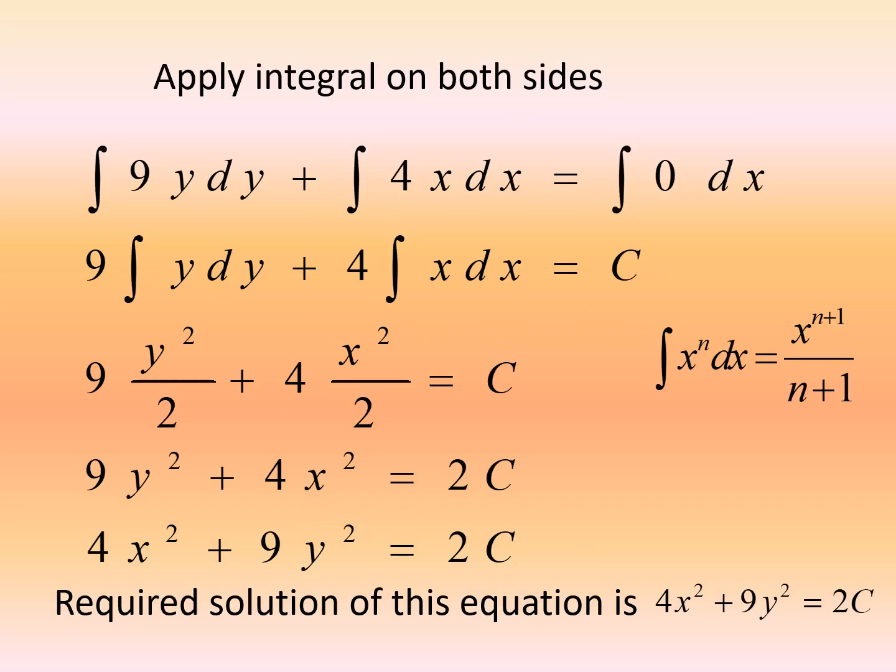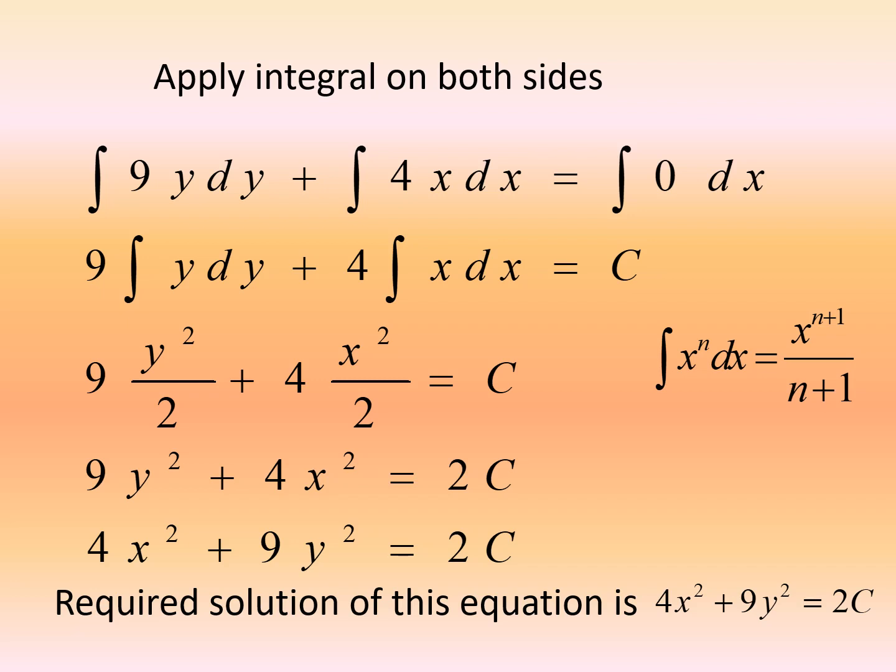In the previous slide, we already separated the variables, x on one side and y on another side, whereas in this slide we are going to apply integral on both the sides. That is integral 9y into dy plus integral 4x into dx equals integral 0 into dx.